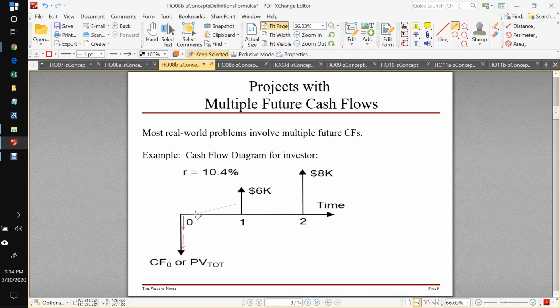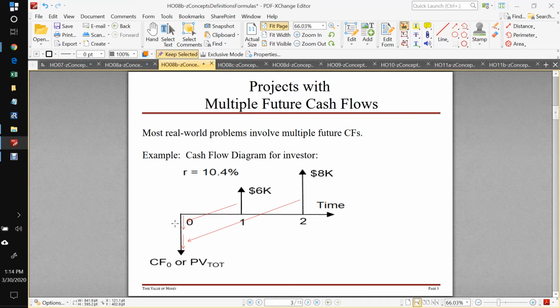One piece is associated with the first cash flow in the future, and another piece is associated with a different cash flow in the future.